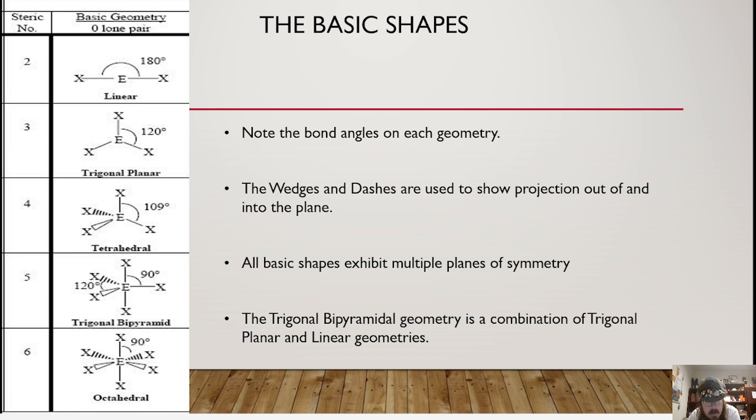You would make 4 sets of pyramids going up to the top X, 4 sets of pyramids going down to the bottom X. So it is uniform in that the top and the bottom are identical, and it's octahedral, meaning even though there's 6 atoms coming off the center, they make 8 faces. 8 faces, thus the octahedral name.